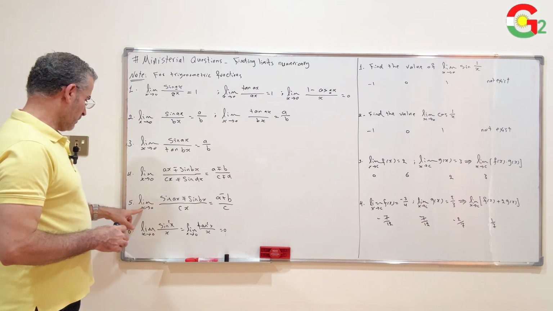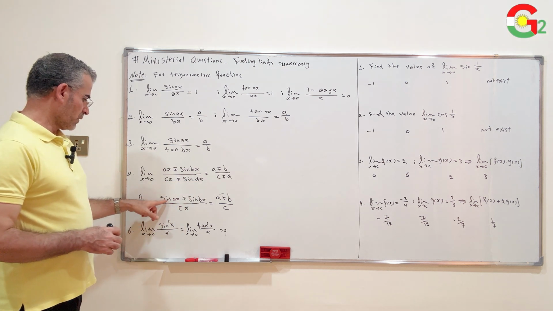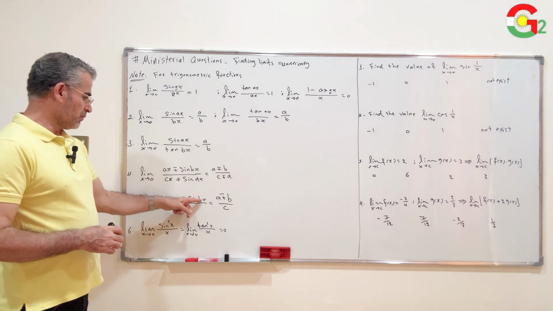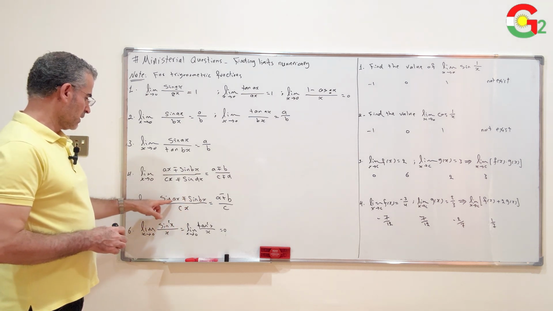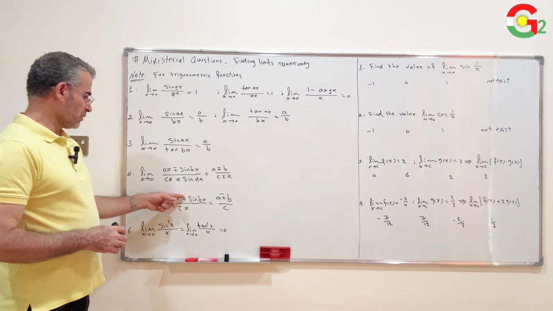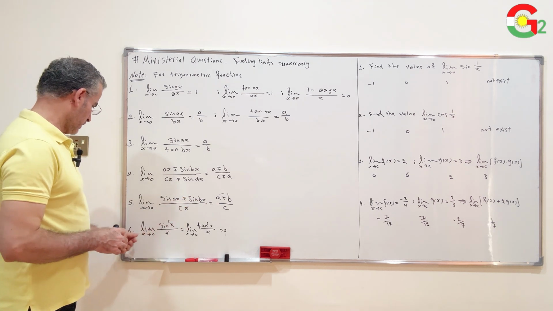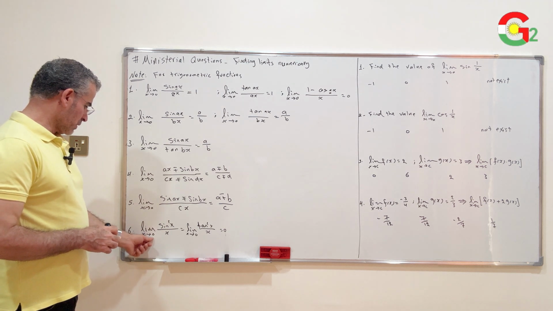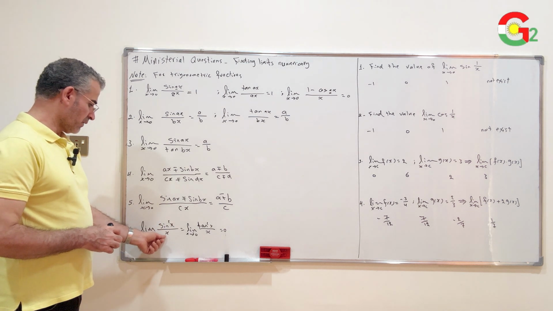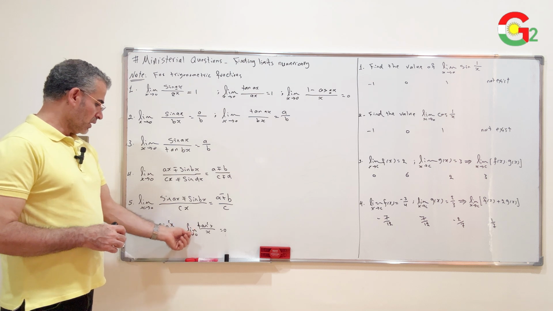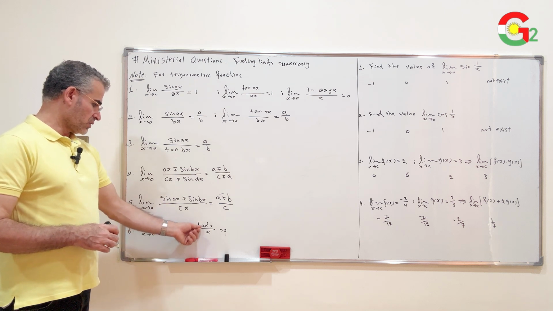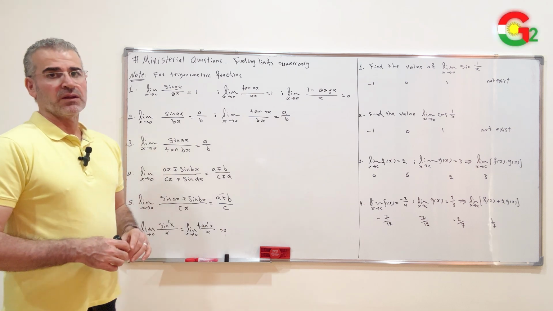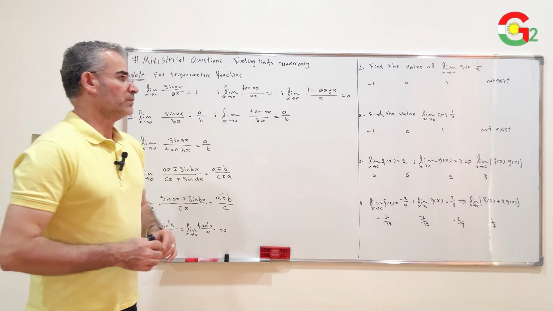Number 5, limit x approaches 0 for sine ax minus or plus sine bx over cx, it's a minus or plus b over c. The final rule, limit x approaches 0 for sine square x over x, it's equal to limit x approaches 0 for tan square x over x, and equal to 0.